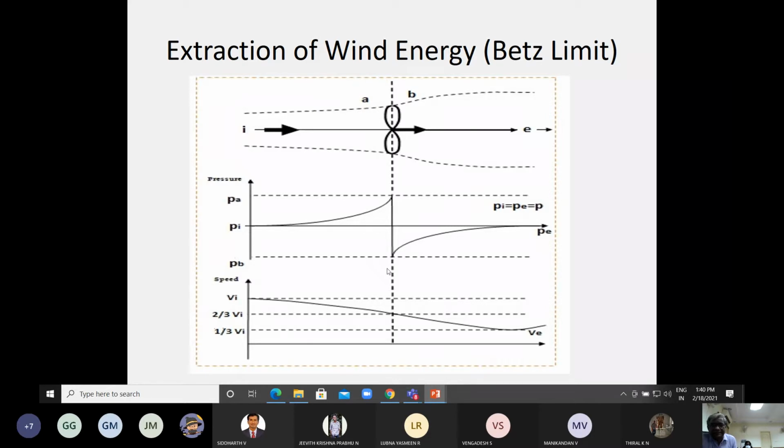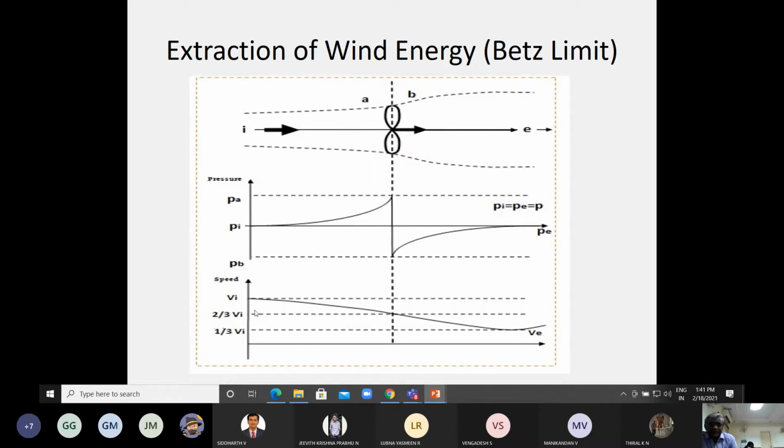Both are at the same level away from the rotor and equal to P, which is constant. The inlet pressure and exit pressure are the same.